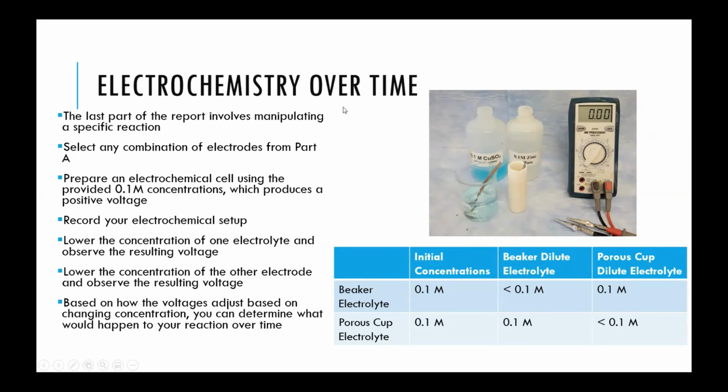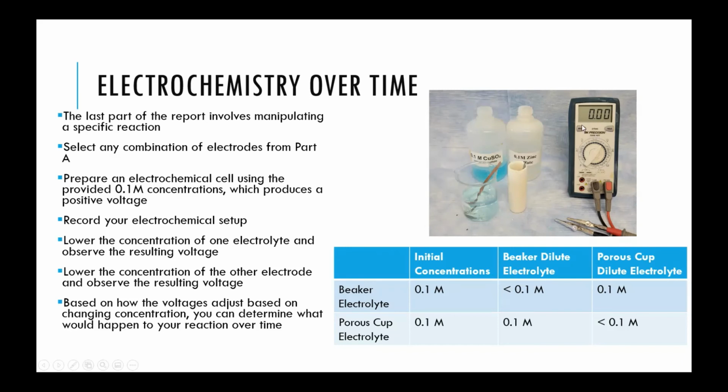This part of the experiment is a little bit more theoretical and conceptual. So you'll choose any one of the combinations from part A, any of those 6 chemical potential reactions and construct that cell one more time and measure the voltage.